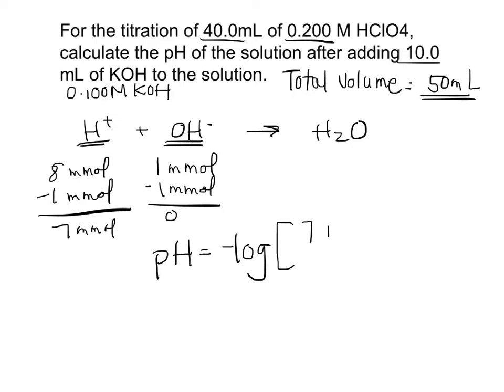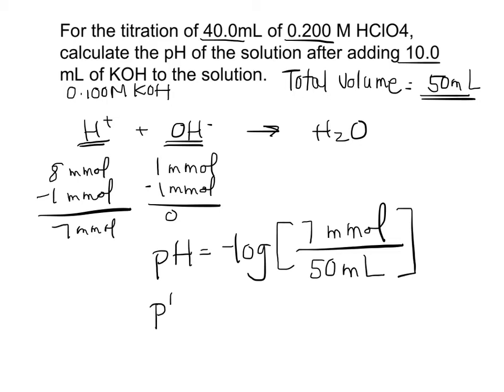So 7 millimoles over volume, 50 milliliters, will give me my molarity, right? And my molarity of the acid is going to equal my hydronium ion concentration, and the negative log of that will equal my pH. So my pH is 0.854.